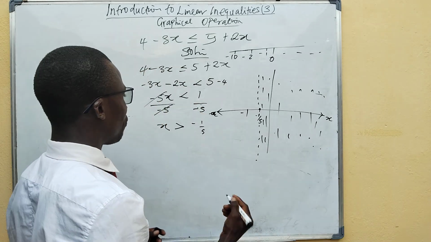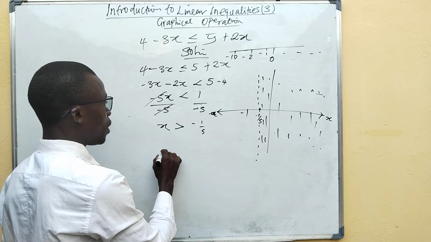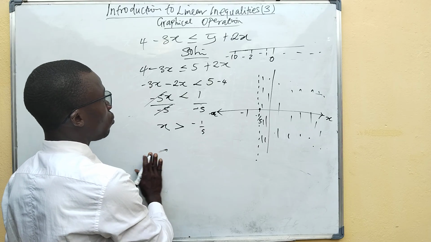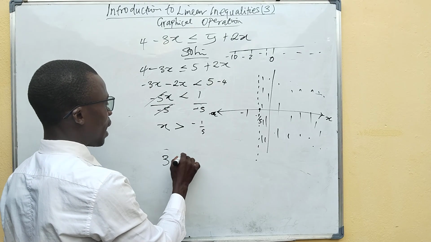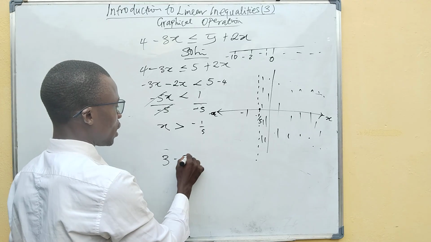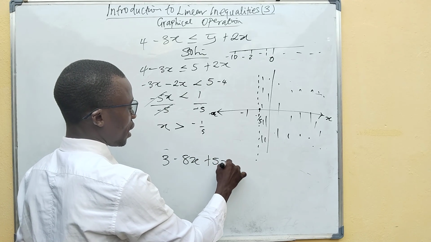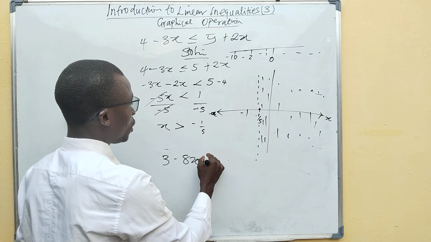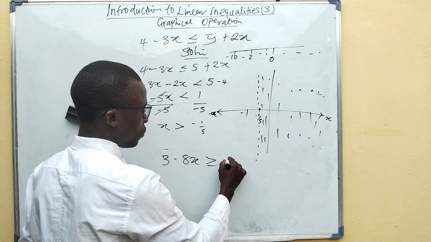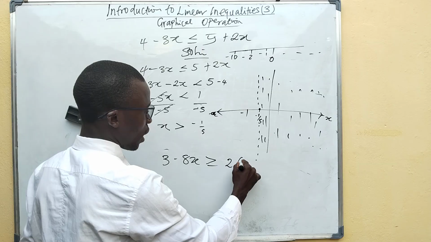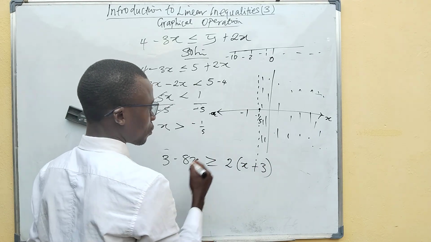So if I have another example, you can solve this. Let me see: 3 minus 2 minus 8x plus 5x is greater than or equal to 2 open bracket x plus 3.